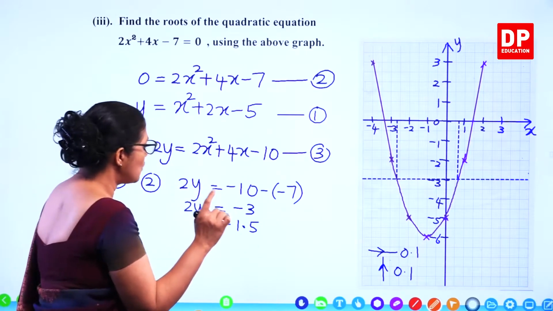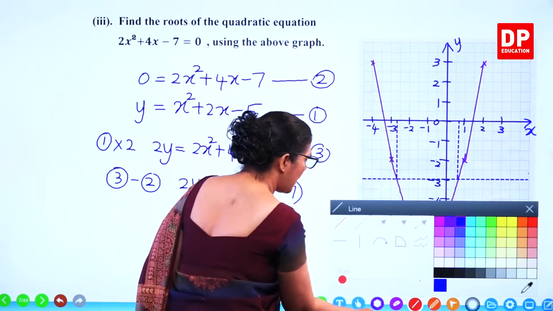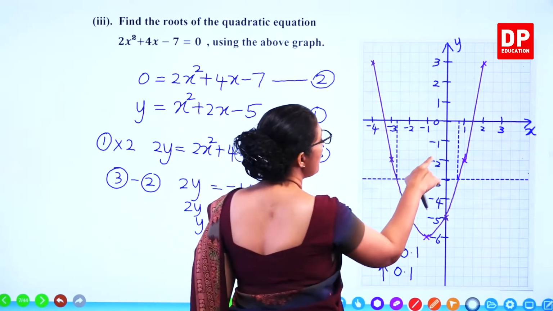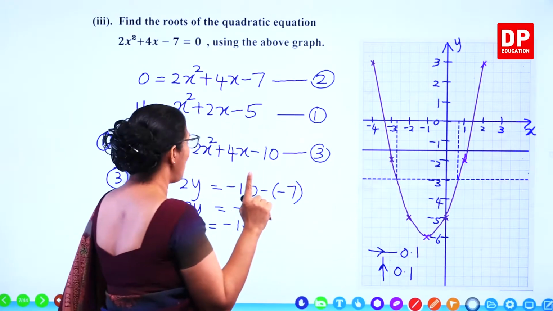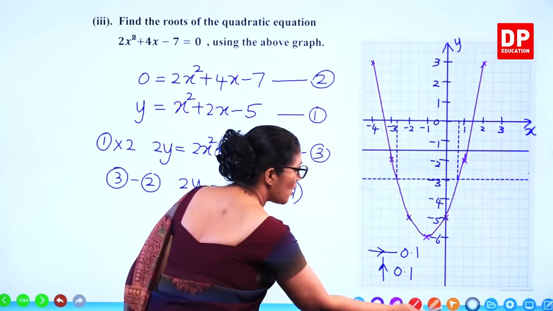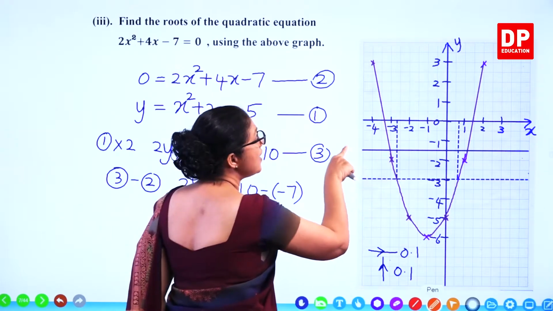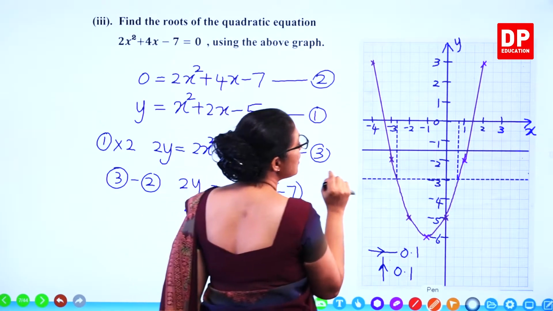So that means we have to draw the line y equals minus 1.5. That's this line, minus 1.5. And you have to find the solutions. Now, when y equals minus 1.5, what are the solutions?